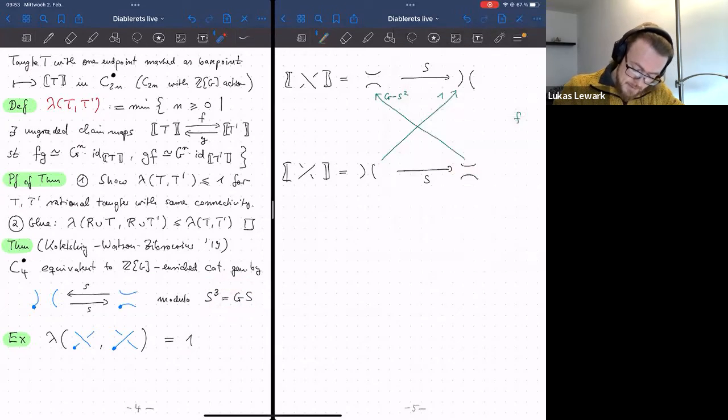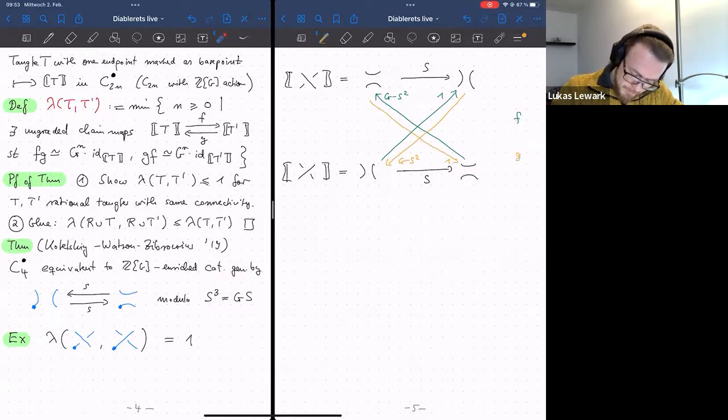And then the chain map G is going to be just the symmetric version of F. So it's going to be G minus S squared here and 1 here.